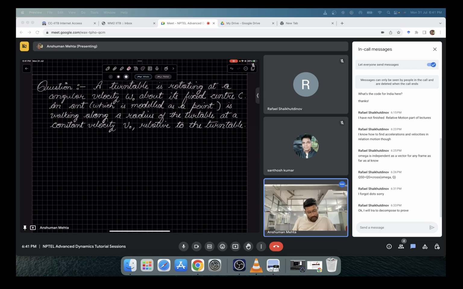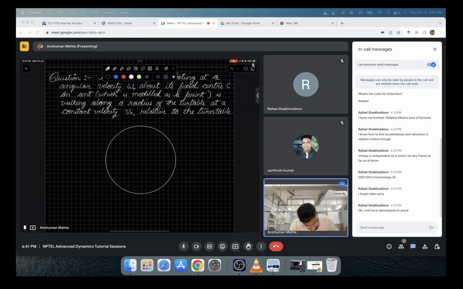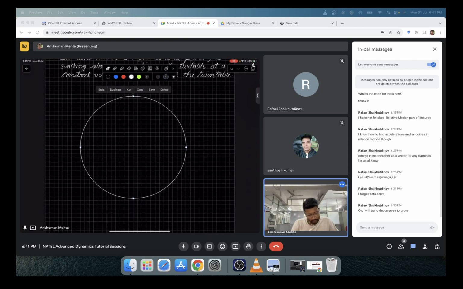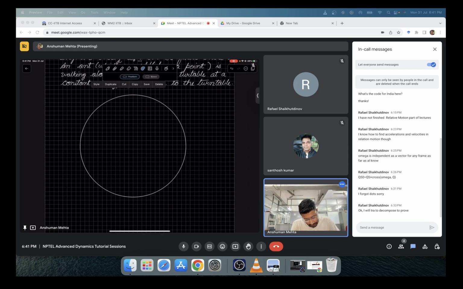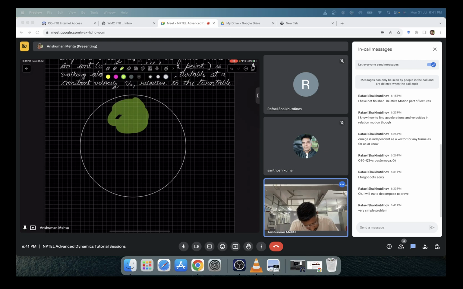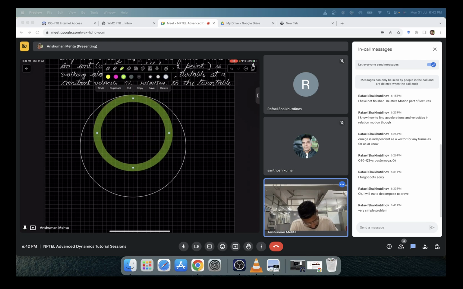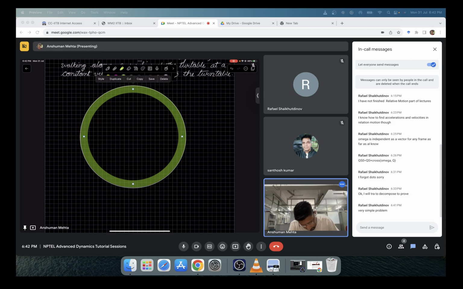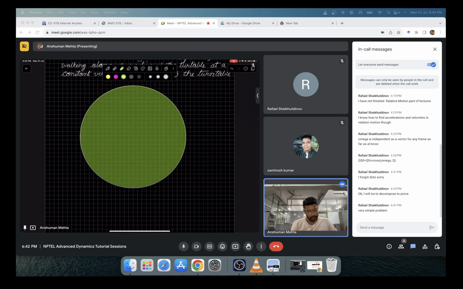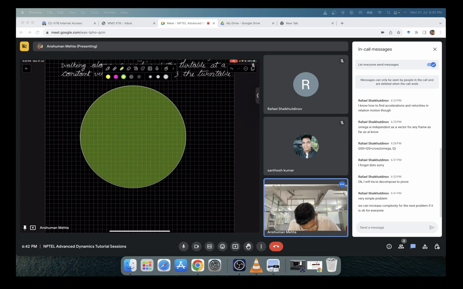Now let me draw this figure. So let's say this is our turntable, and let's say our ant is somewhere here.